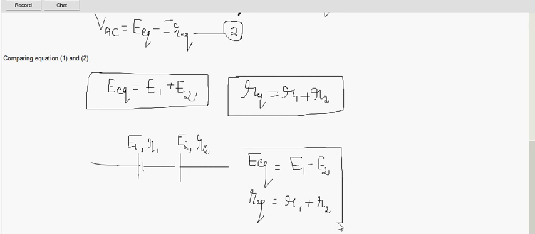Similarly, we can get the equivalent EMF and equivalent internal resistance when the cells are connected in parallel. So in the next class we will see about cells connected in parallel.